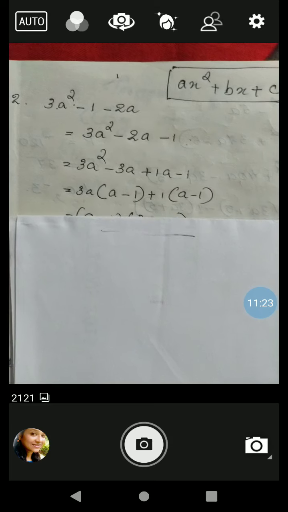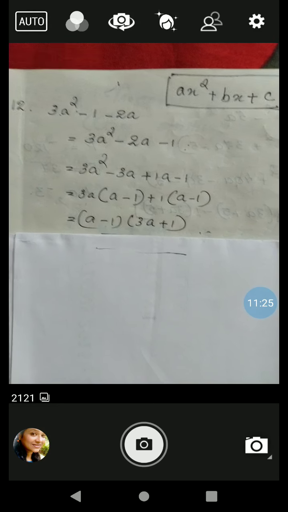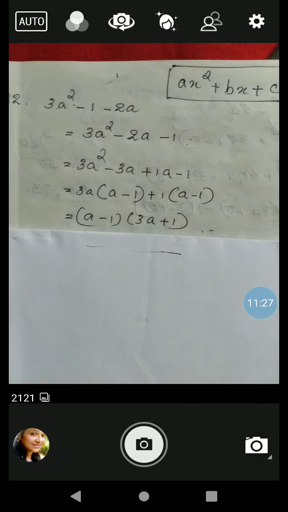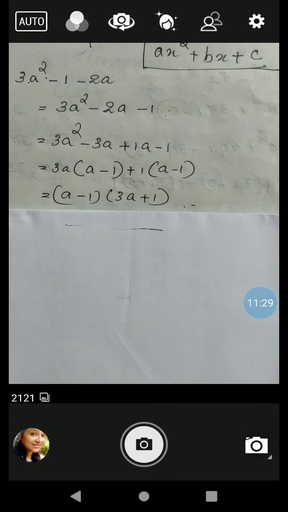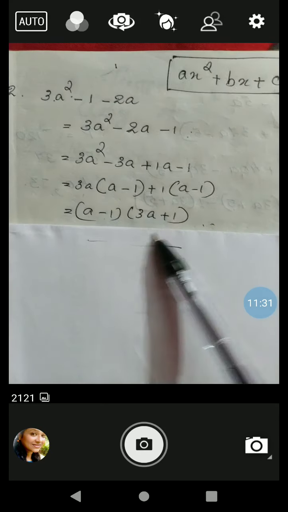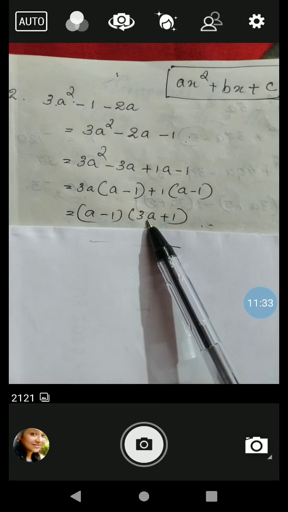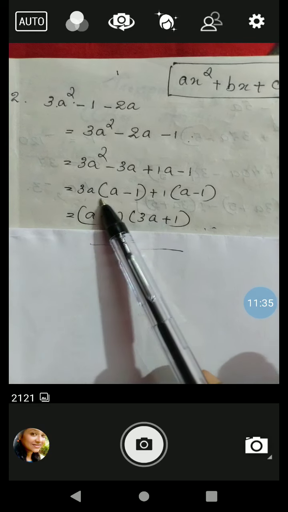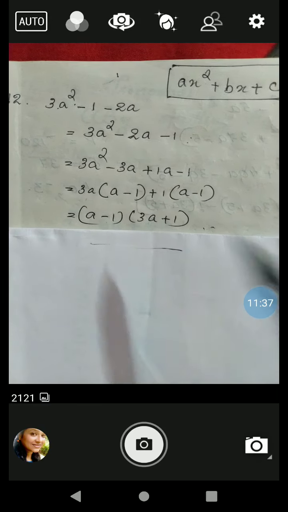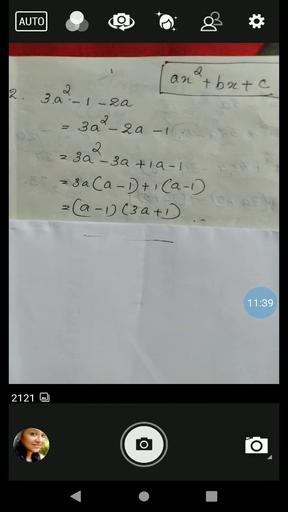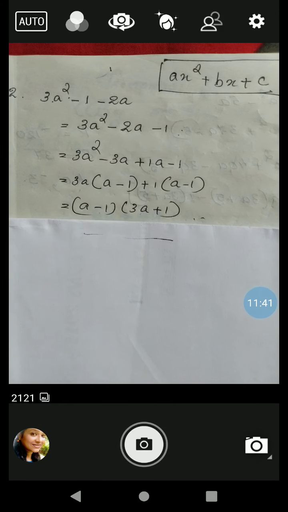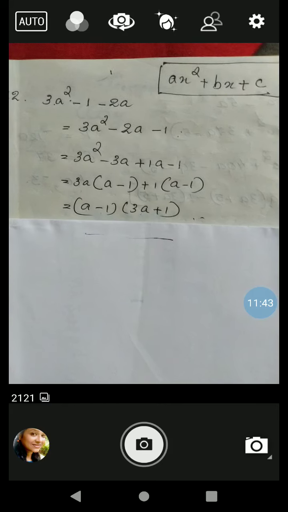So you can take a minus 1 outside. Therefore, inside, in the next bracket, you will get 3a plus 1. Okay, so the answer is a minus 1 into 3a plus 1.